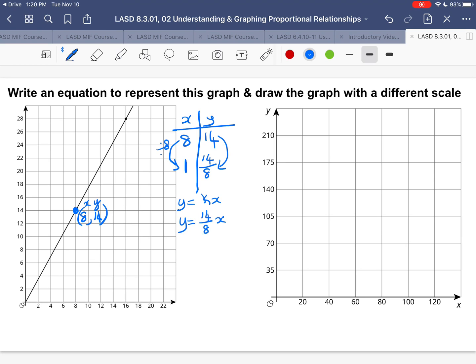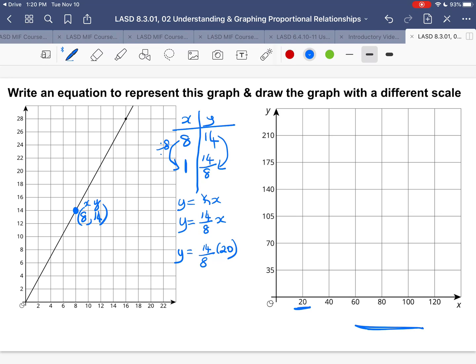And now use this to draw the graph with a different scale. So we have the graph here on the right hand side. I'm going to start with an x value of 20. So y equals 14 over 8 times 20. And I'm going to see if I can calculate a y value that I can graph for this.